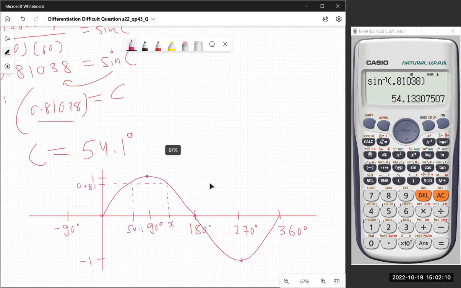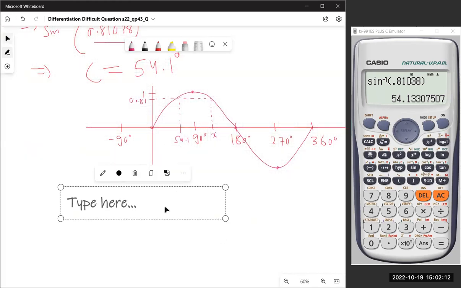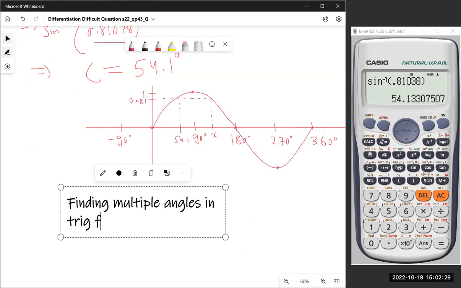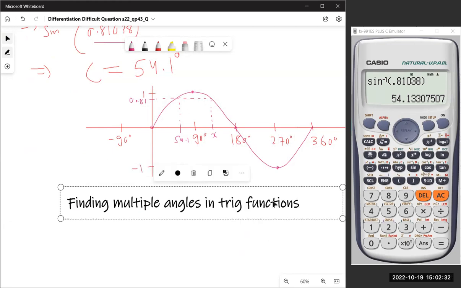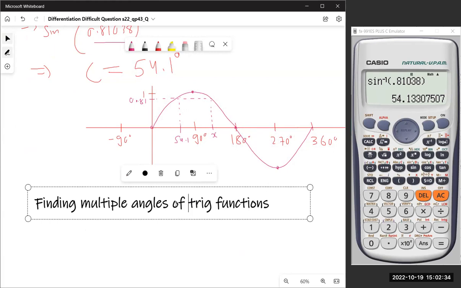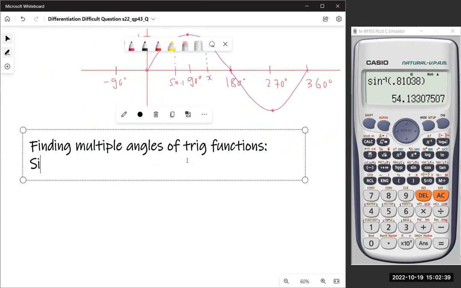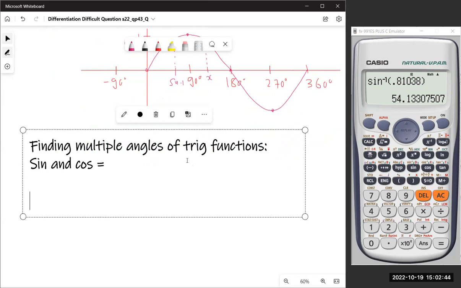I'll give you a trick, a method. Please write in your notebook: finding multiple angles. This is a big deal in class 11. Finding multiple angles in sine trig graphs, or trig functions. Let's start with sine first. For sine and cos, you can do two things.